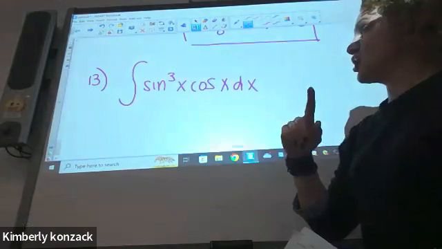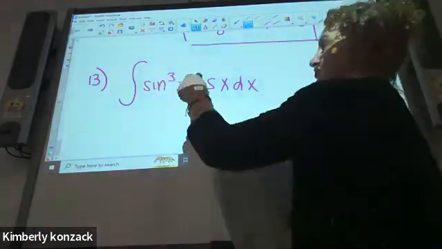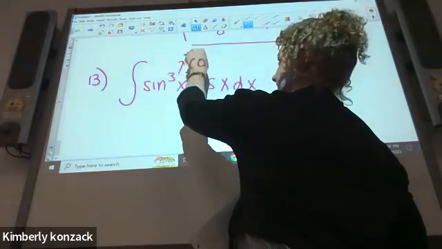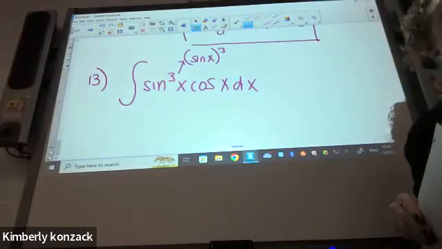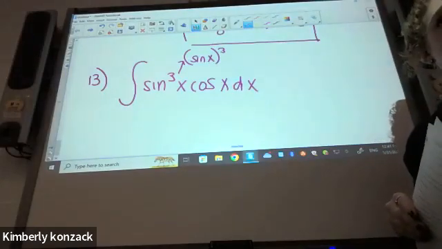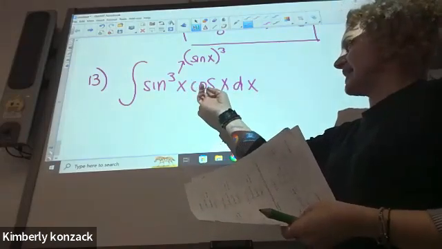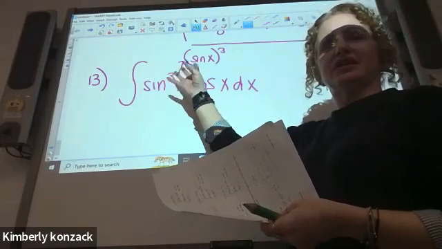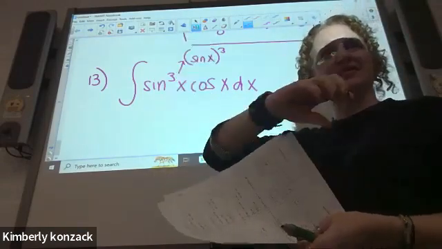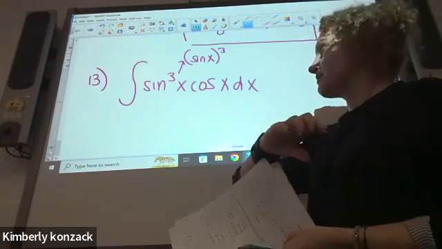If you rewrite this as sine x cubed, that may help you know which one to replace. You don't want to make u equal to cosine x because then you account for one sine, but you still have two sines left over, because it's cubed.